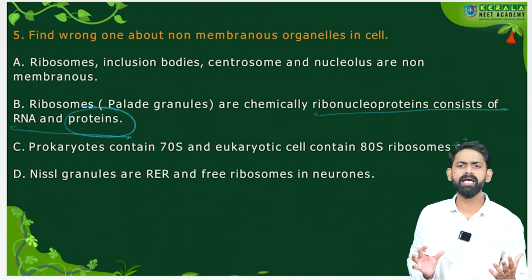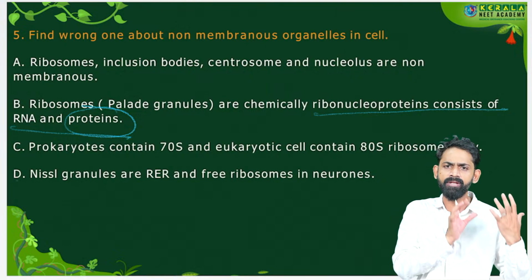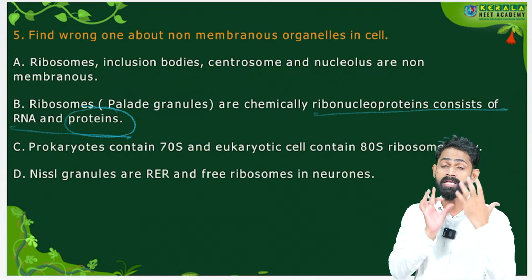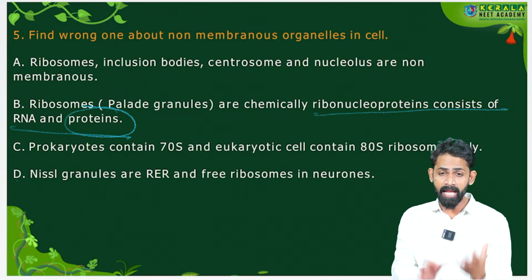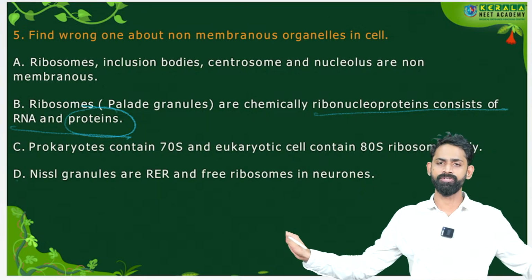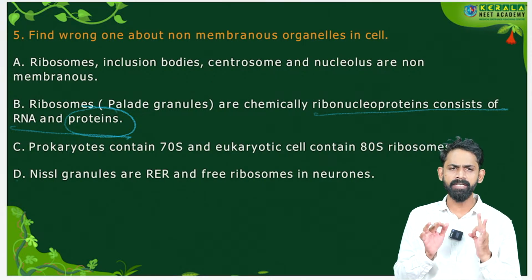When you are studying the neuron structure, the Nissl granule is a typical organelle. Nissl granules are nothing but rough endoplasmic reticulum present in the cell body and dendrites, not present in the axons. So options A, B, D are clear.